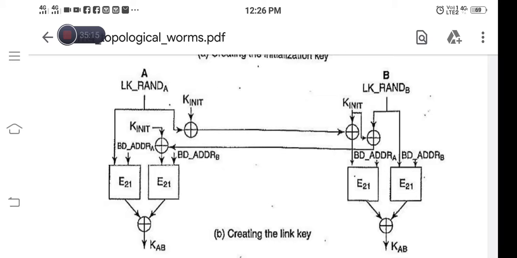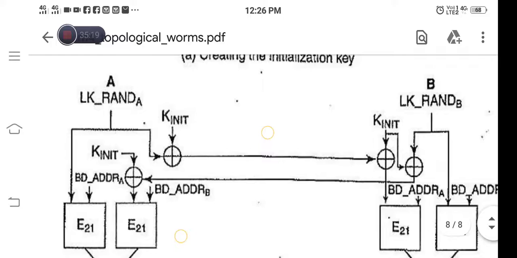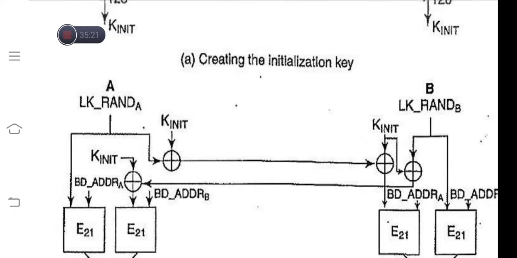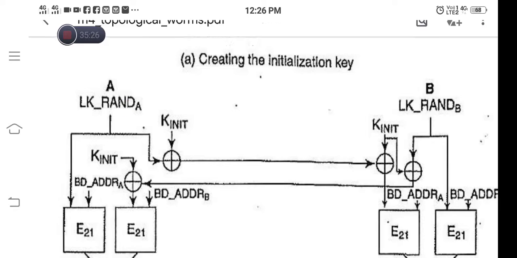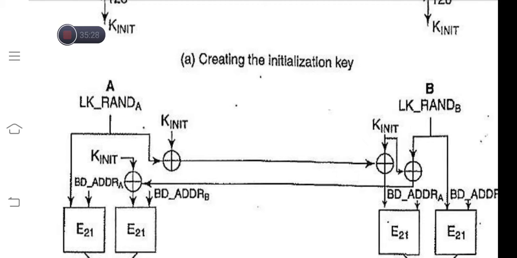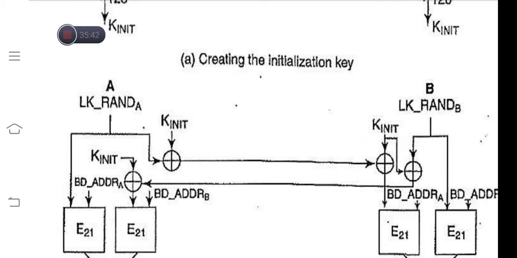Now here, at both ends A and B, they are making use of their own random numbers: link key random A and link key random B. LK stands for link key, RAND stands for random, at side A. Similarly, the link key random value at B. These are the random numbers maintained at both devices respectively.